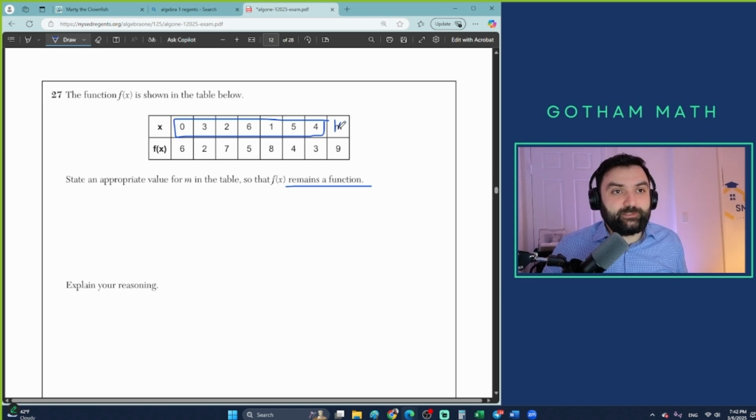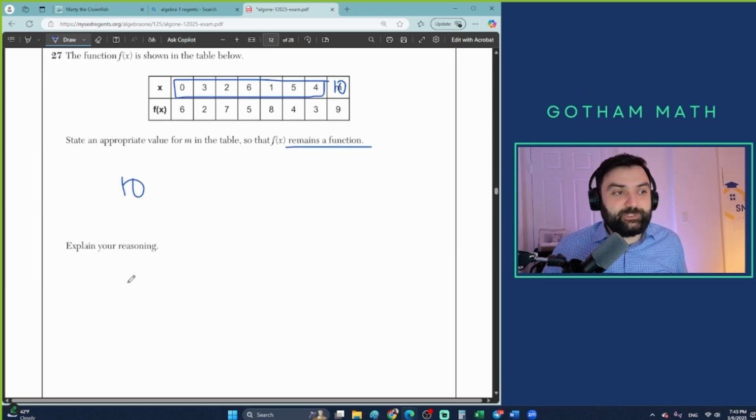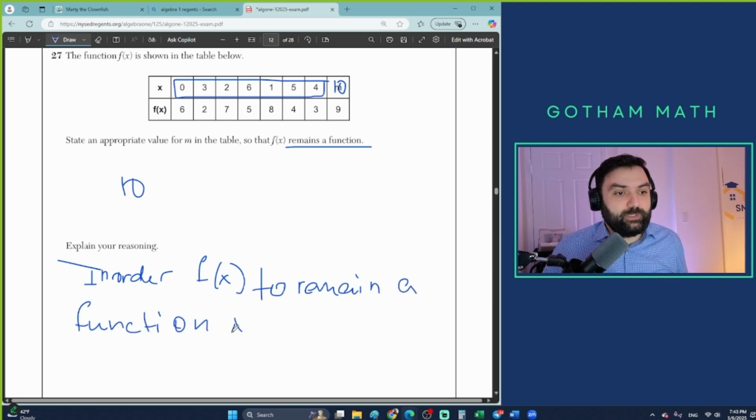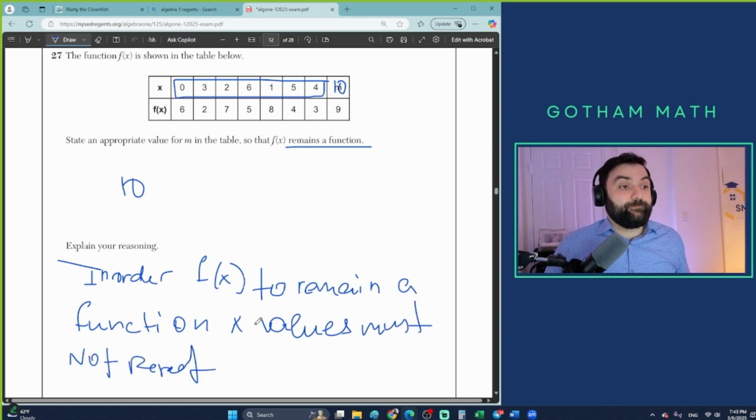Let's say 10. And explain your reasoning. The reasoning will be: in order for f of x to remain a function, x values must not repeat. And that's a good enough explanation.